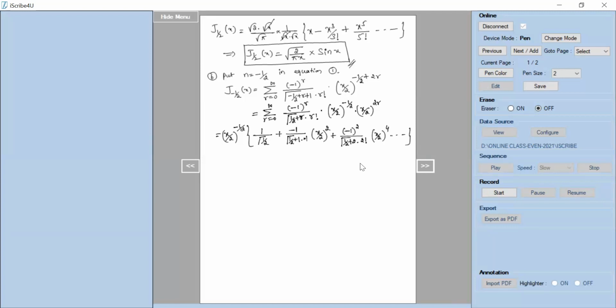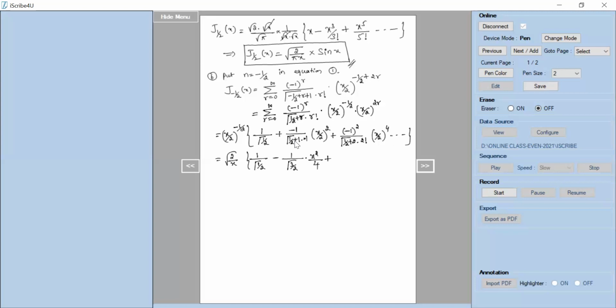So simplify now. I can write this as, here it is x by 2 power minus half, so you can take a reciprocal of this. I can write this as square root of 2 by x because of this minus sign, into 1 by gamma of 1 by 2, then minus 1 by gamma 1 by 2 plus 1, which is gamma 3 by 2, into x square by 2 square. 2 square was 4.